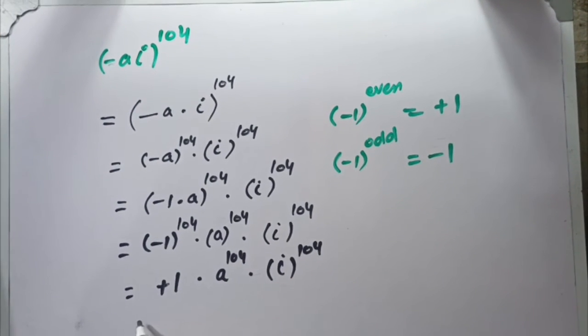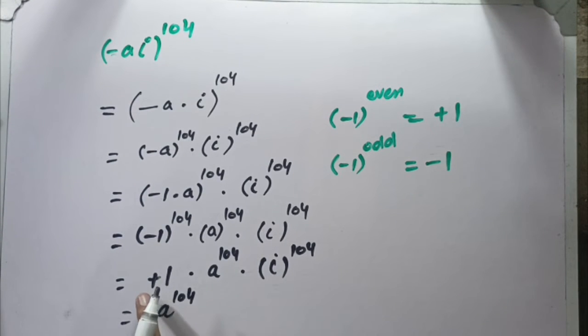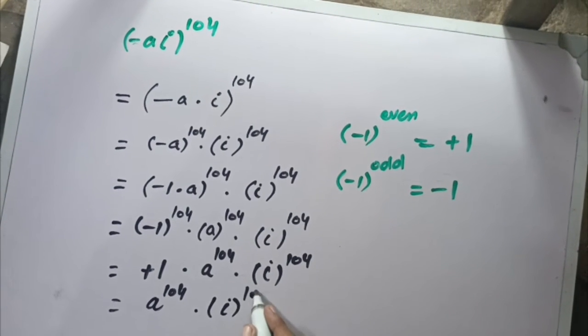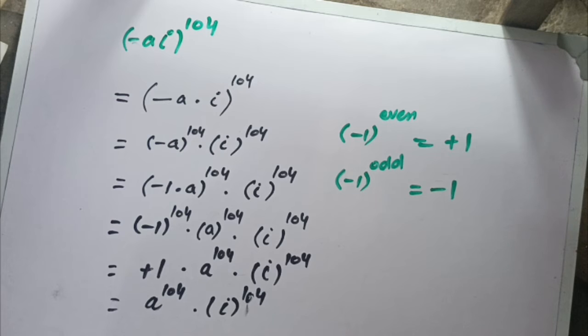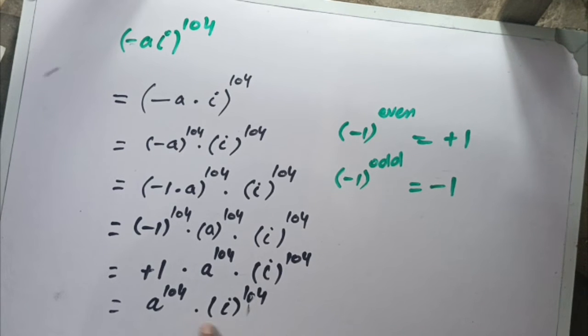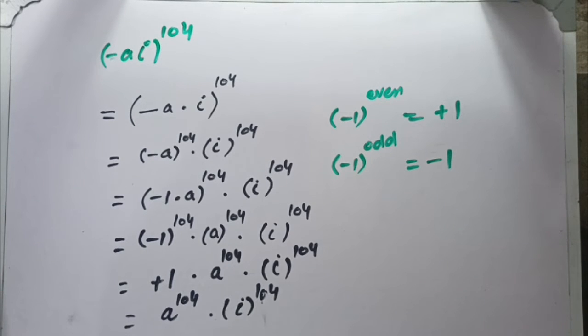We have reached the final conclusion that the multiplication of these two terms is a raised to power 104 and iota raised to power 104. Now we have to solve only this term, iota raised to power 104.